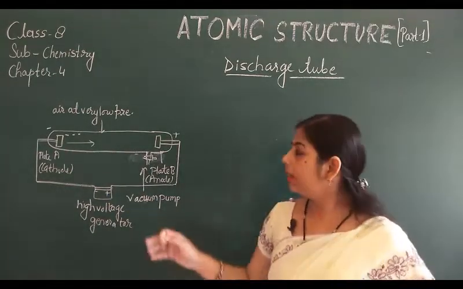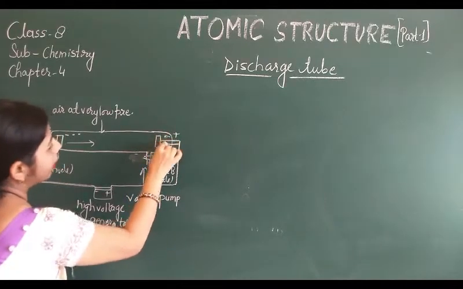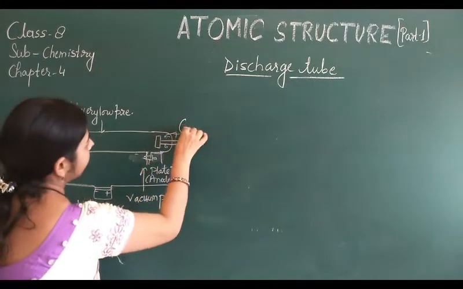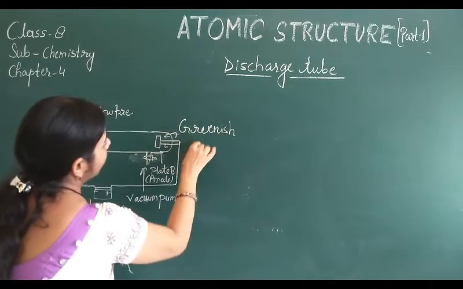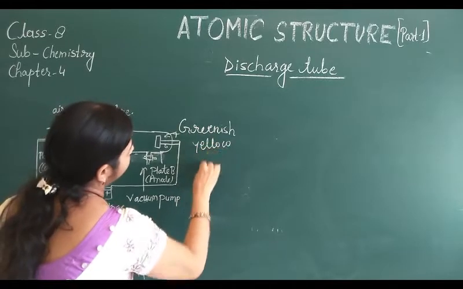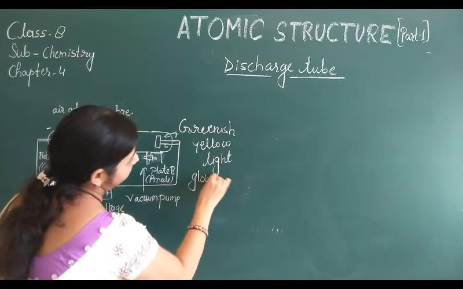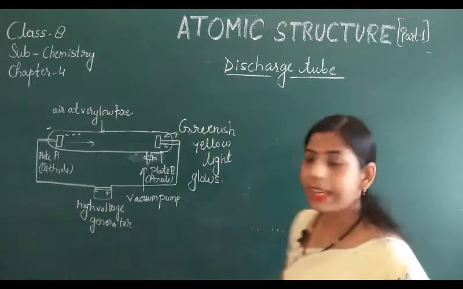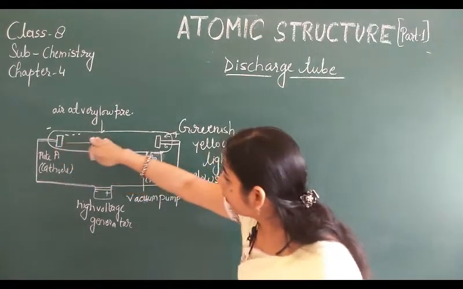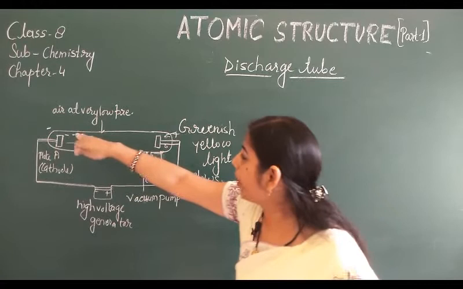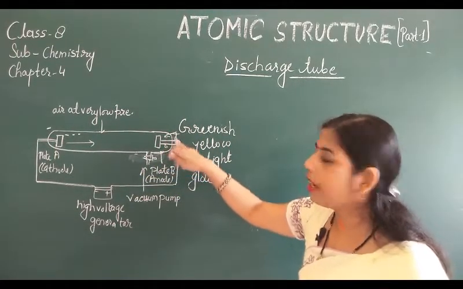Across these plates, what happened? At the back side of the anode, a greenish yellow light glows. That means when high voltage is applied, some ray is passing from the cathode, due to which greenish yellow light glows at the back side of the anode.